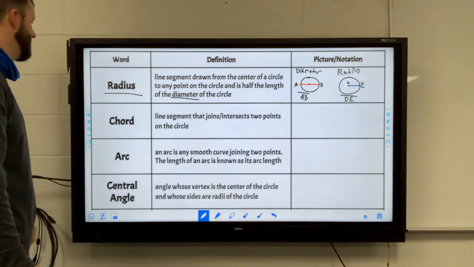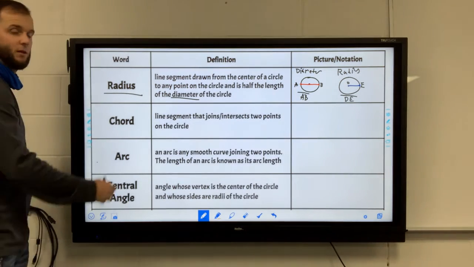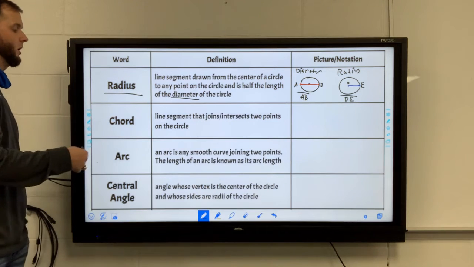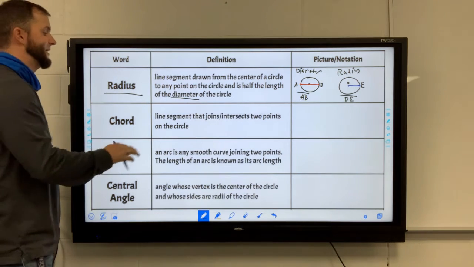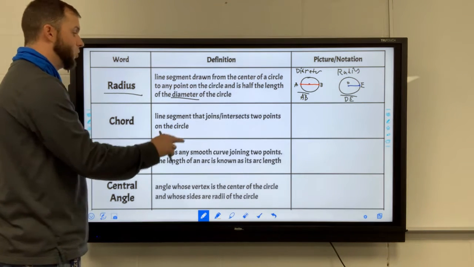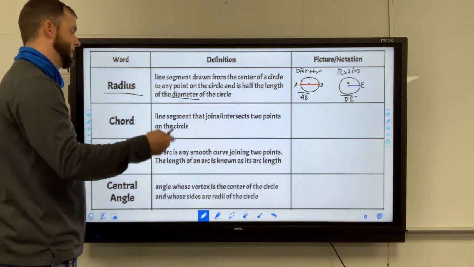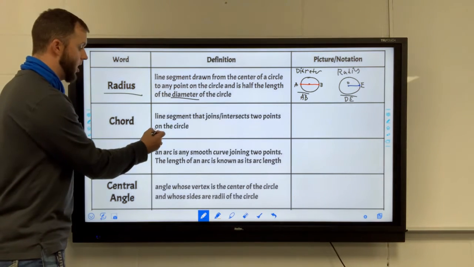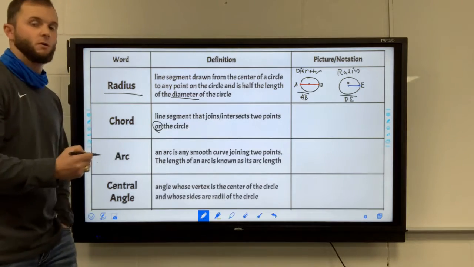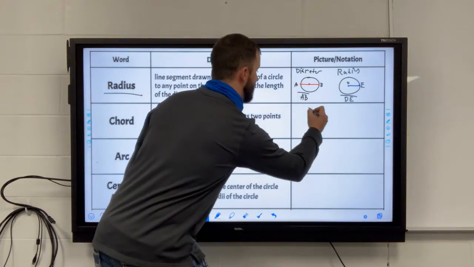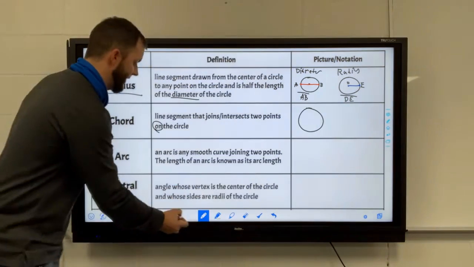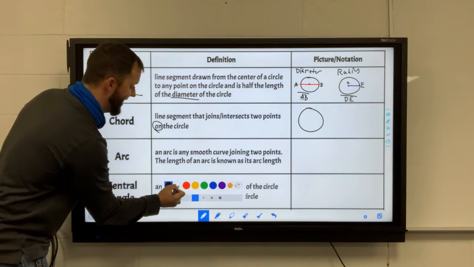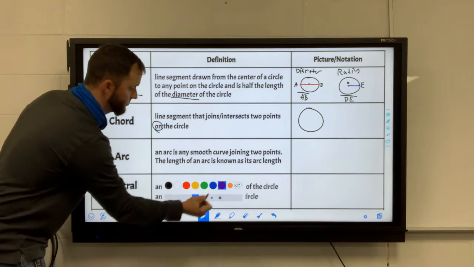All right, so let's move on to the next one. The next one, we're going to be learning about something called a chord. A chord is a line segment that joins two points on a circle. Keyword, on the circle. So for instance, if I had a circle here, and then inside this circle, I had a line drawn here, and I'm going to use purple here.